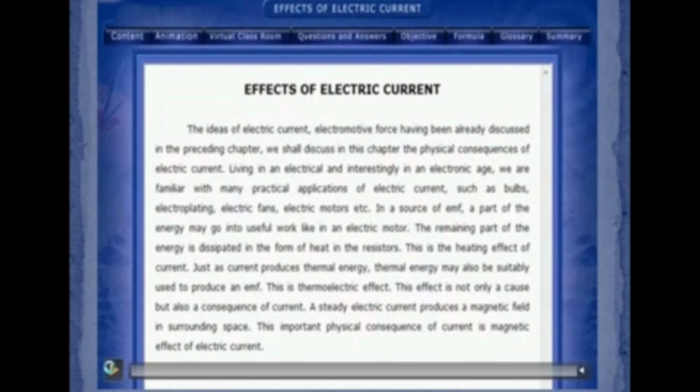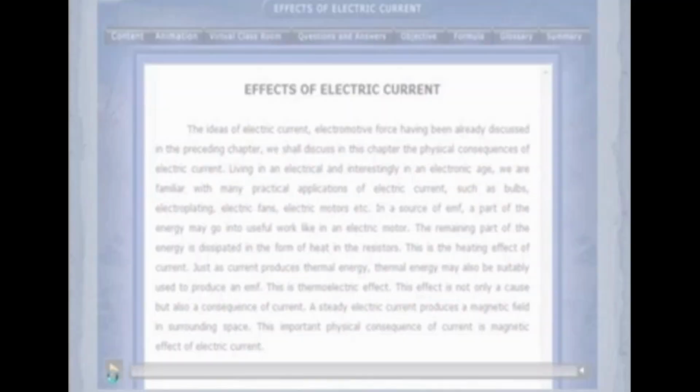When a thermocouple, two different metals placed at two different temperatures, is connected, a thermoelectric current is produced. That effect is called the Seebeck effect.